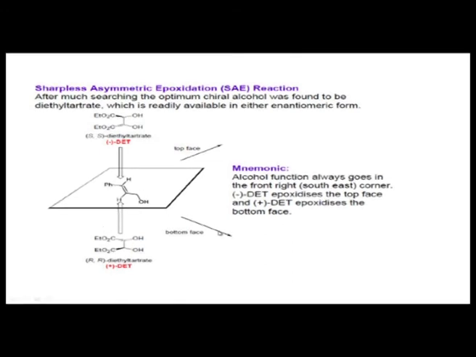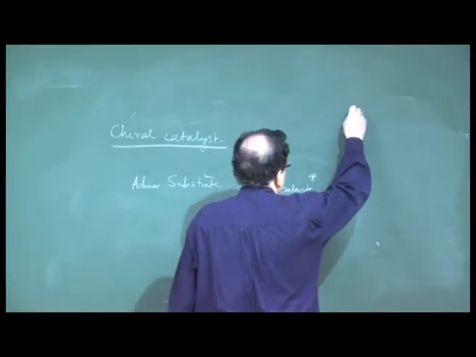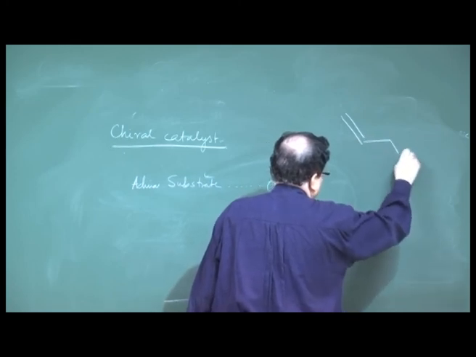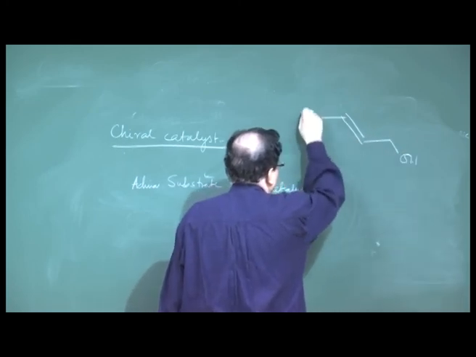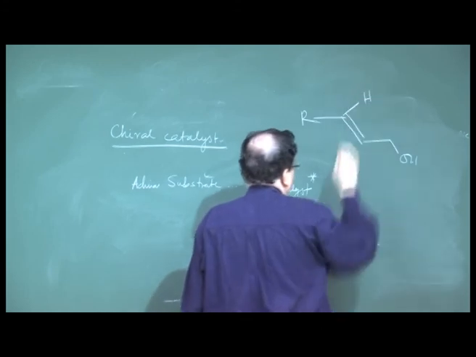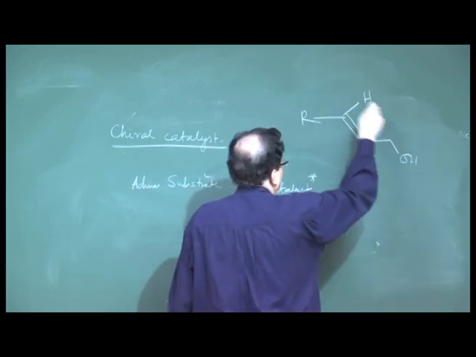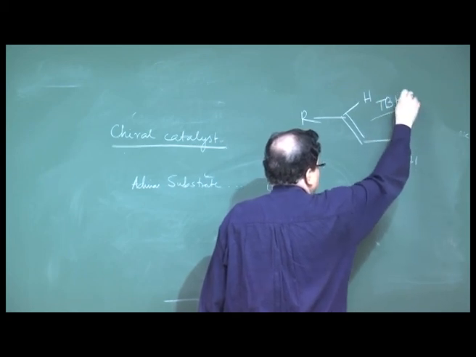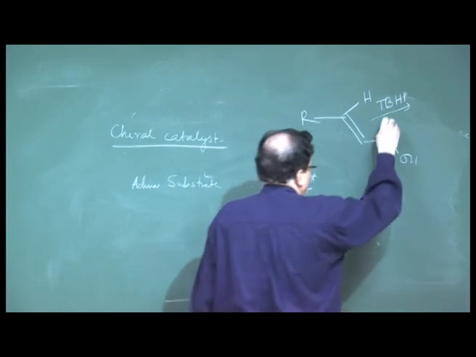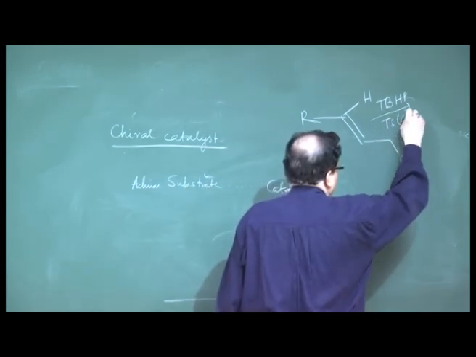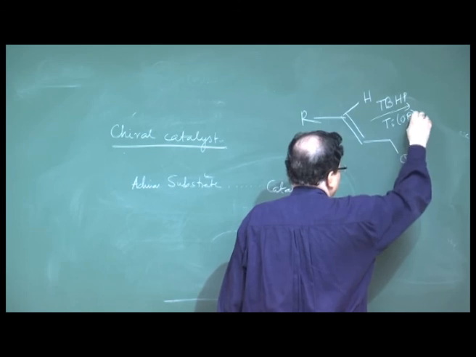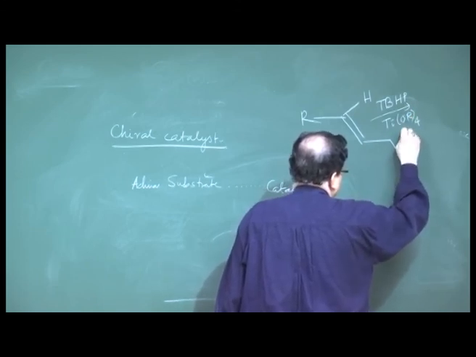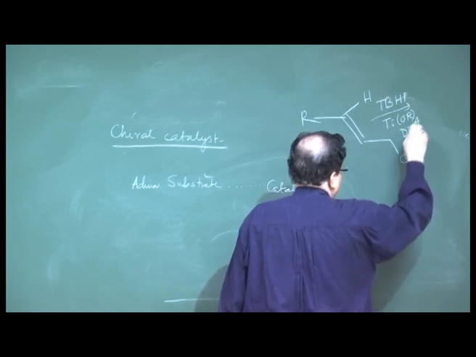So, just to finish up, what is the Sharpless method? You write this compound in this way, this is your R group, this is the hydrogen, and your reagents are t-butyl hydroperoxide, that is the oxidizing agent, then you have the catalyst titanium isopropoxide, I just write OR4, and you have the diethyl tartrate.